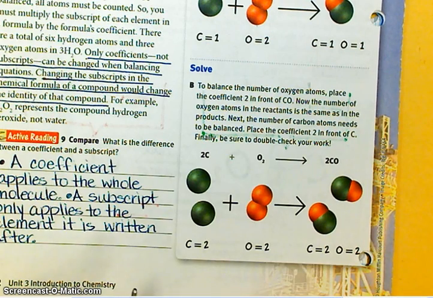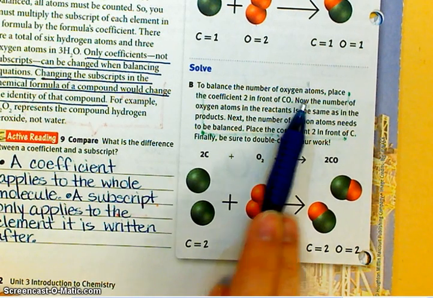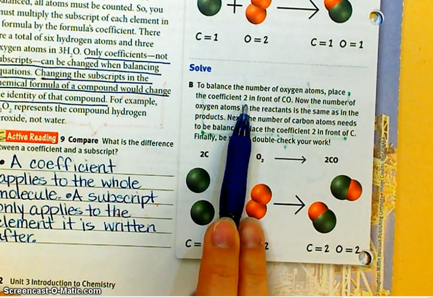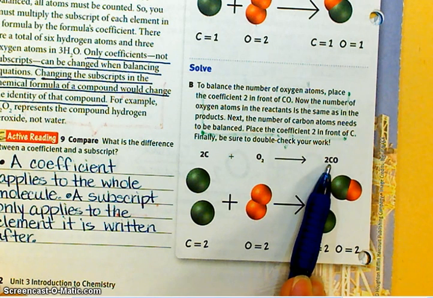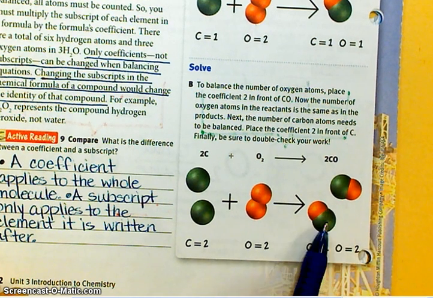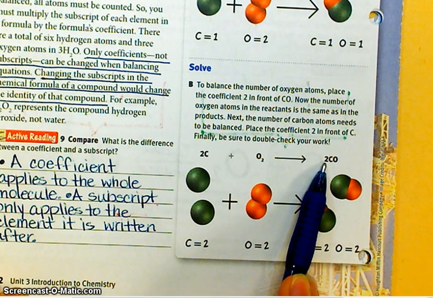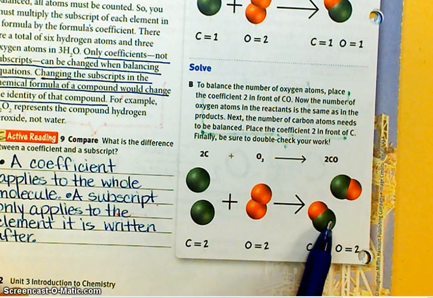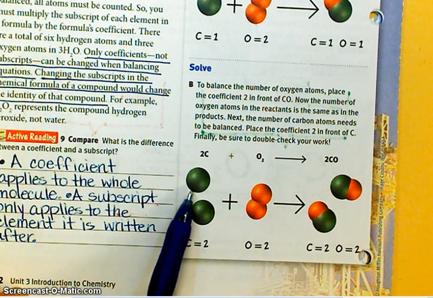Well, to balance the number of oxygens, we place a coefficient of 2 in front of the carbon monoxide, the CO. And now do you see that they're illustrating an additional CO because there's now 2 of them? Okay. Well, if I have 2 carbons over here now, I also have to have 2 carbons over here.